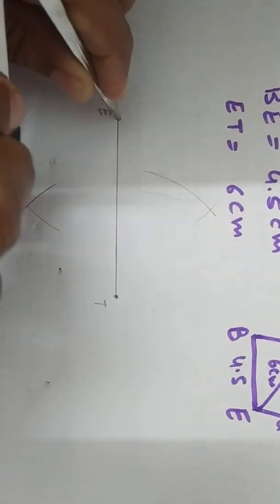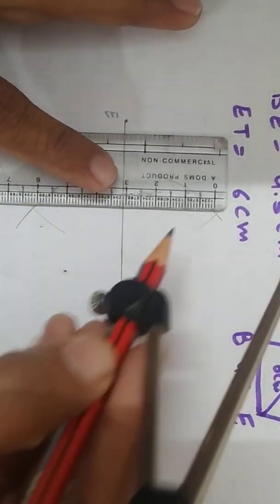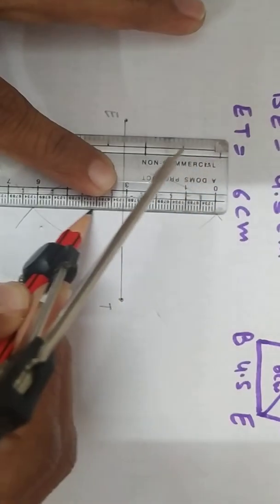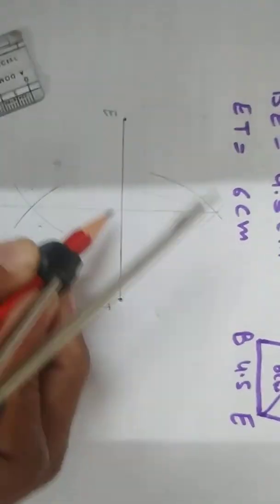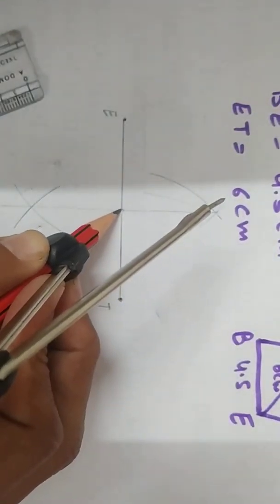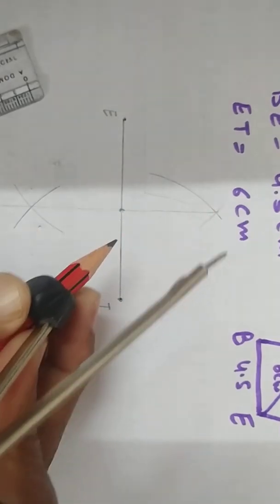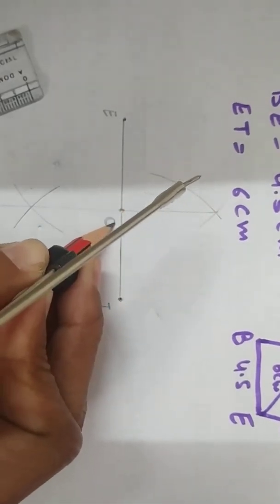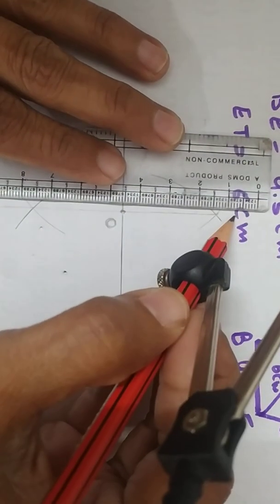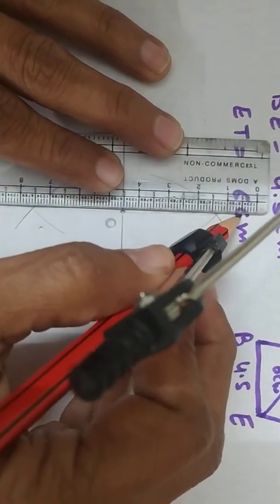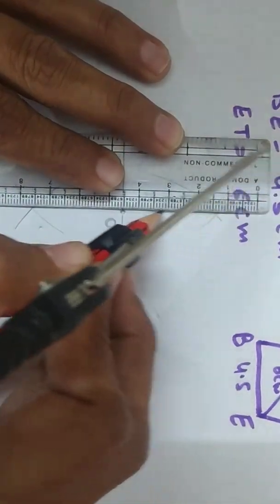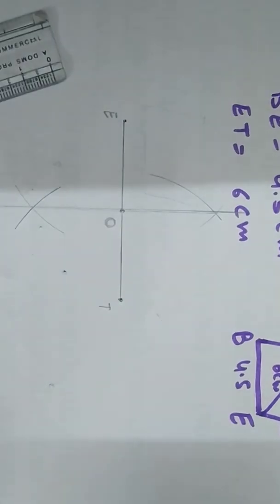Similarly from E, and join this line. This is the perpendicular bisector. That means the diagonals are bisecting at this point O. You can take this point O. Now you can extend this line.